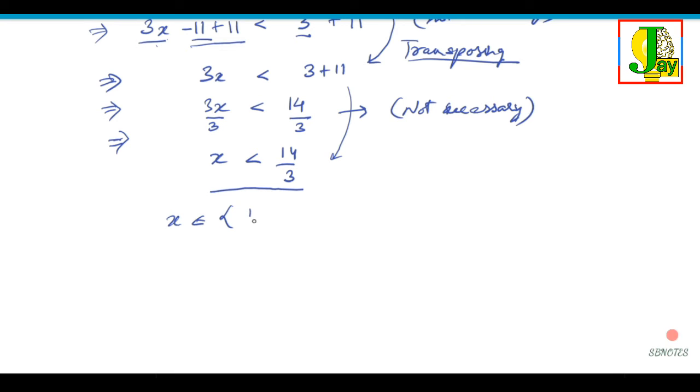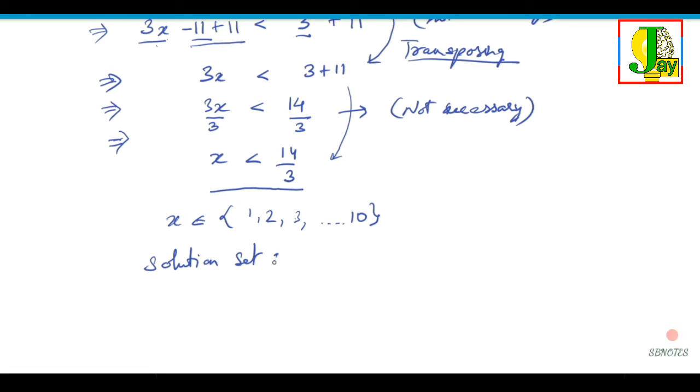we have the numbers 1 to 10. So what is our solution set here? X is less than 14 by 3 and we have to choose the values out of these numbers.